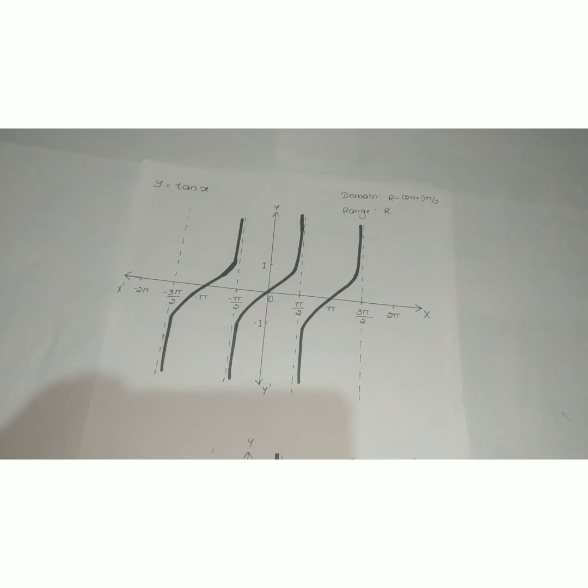So therefore the domain of the tan function is all real numbers except the real numbers at which cos x is 0, that is (2n+1)π/2. It means that the tan function is not defined for odd multiples of π/2.